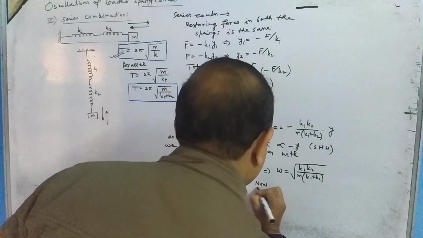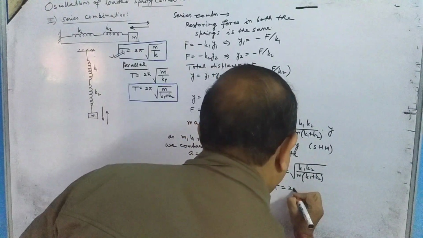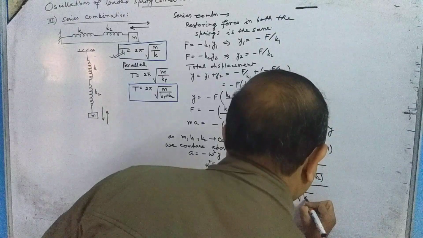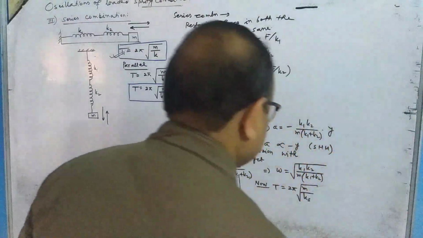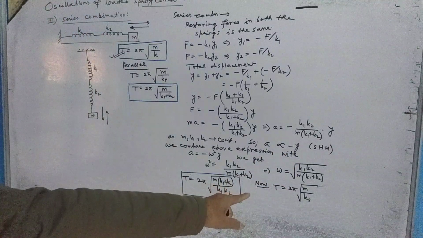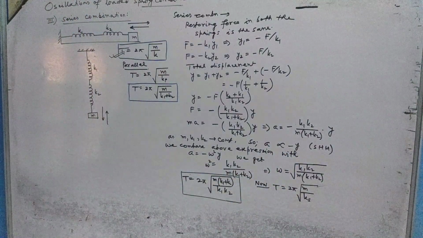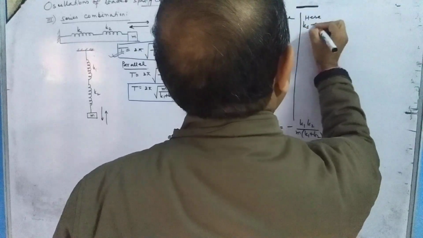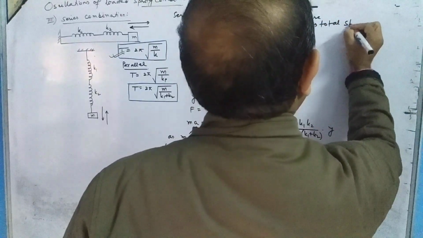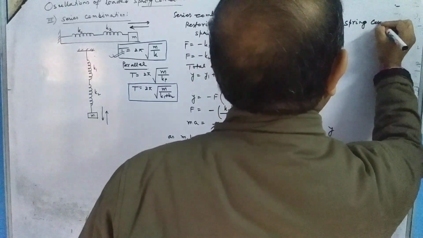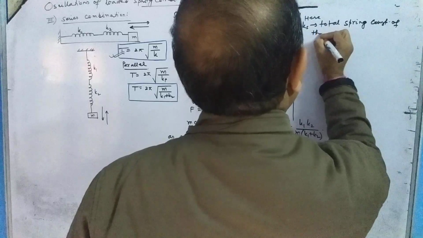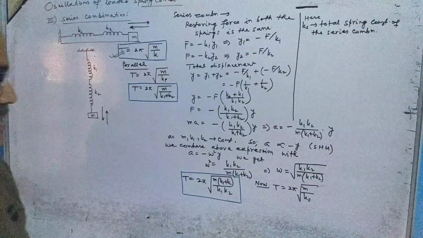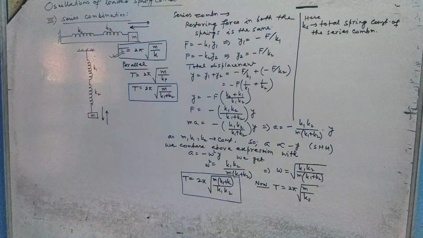Now in this case T should be equal to twice pi root M by Ks, where Ks is the total spring constant of the series combination.